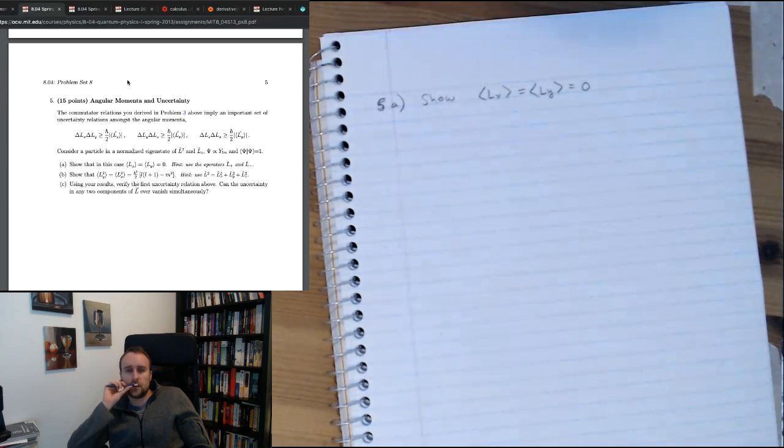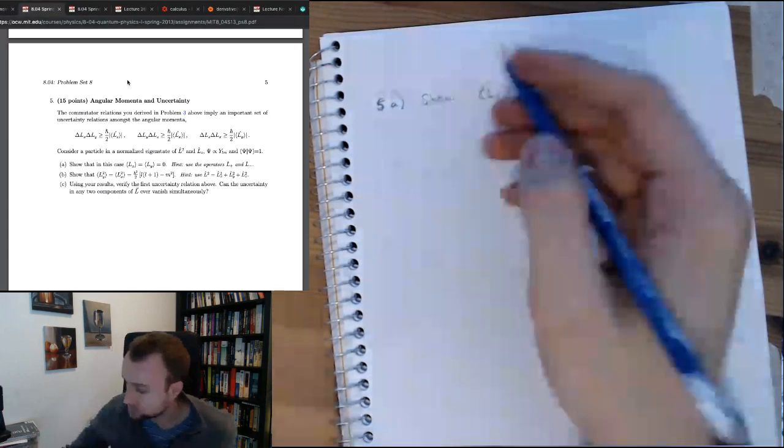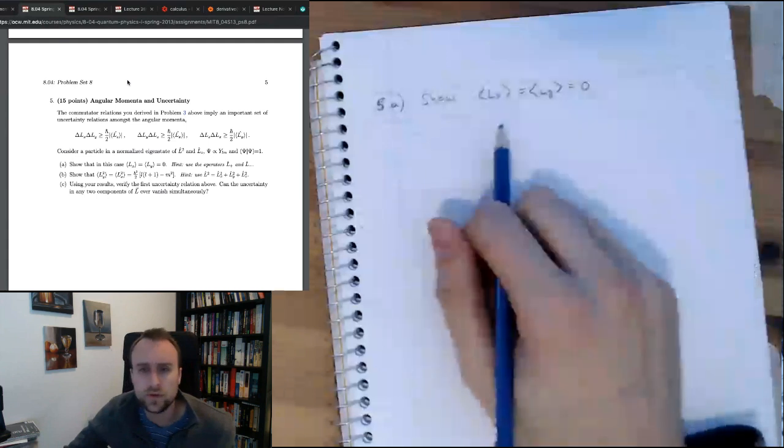Use the operators, plus. So how do we show this?